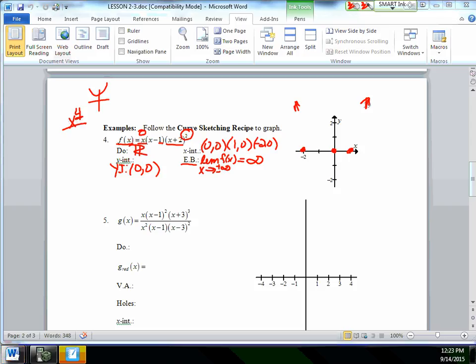Like it's going to come down, hit the graph, and then bounce right up. Whenever it's a single power, it goes straight through. So I start down, I hit that 0, I come up, then I'm going to come right there, hit that intercept, and since it didn't have a square, it goes right through, and then turn around and comes right back up.